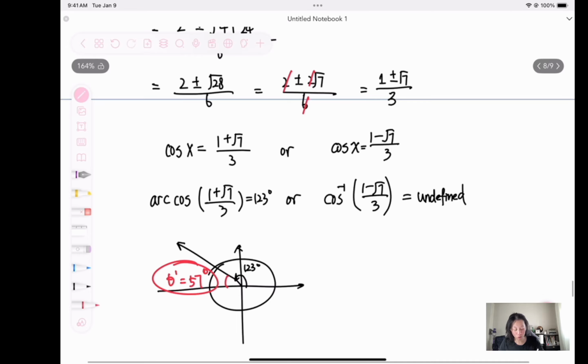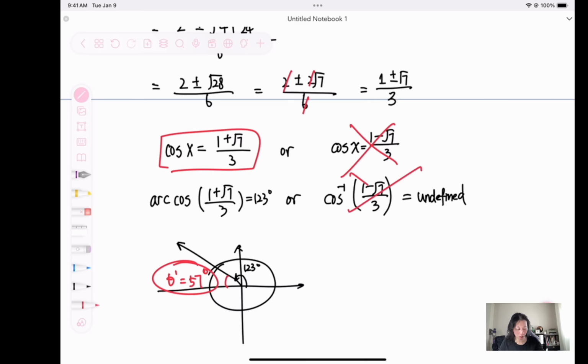And now cosine x. Because this one doesn't work, I'm going to cross that out. Cosine x, this is a positive number because everything is positive. There's no way it's negative. If its cosine is positive, that means we expect our answer to be either in the first or the fourth quadrant. Oh, sorry, I copied this down wrong.